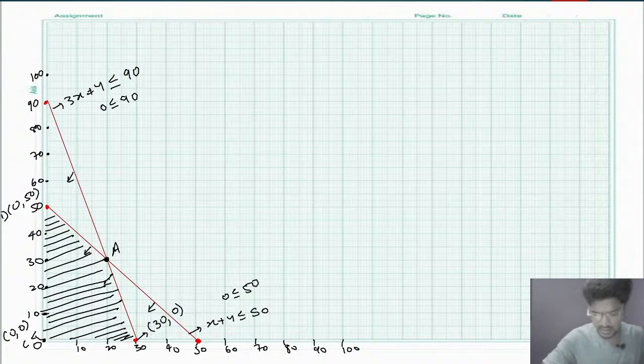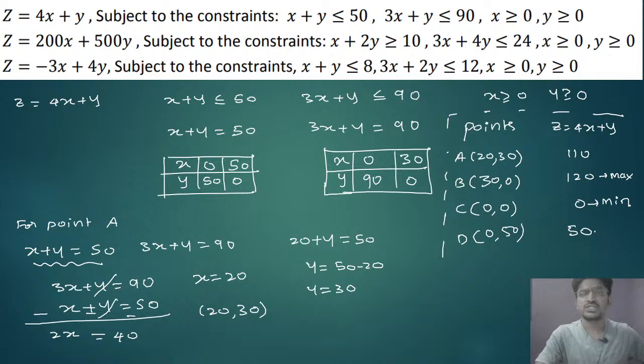Now I think you can solve the remaining two problems on your own and try to get the answers. Clear? No problem.